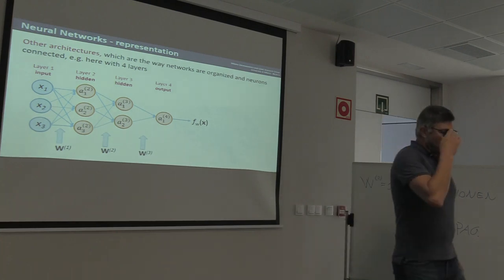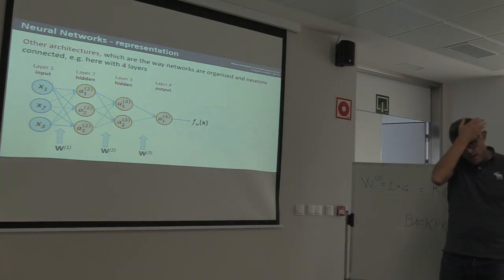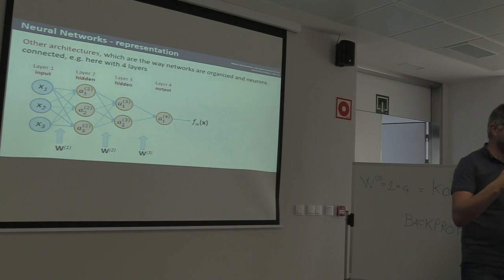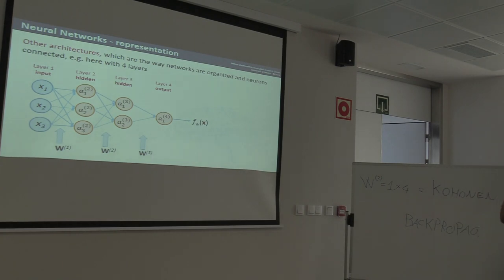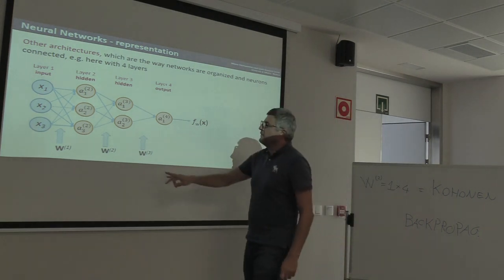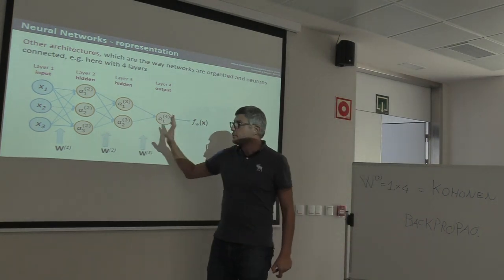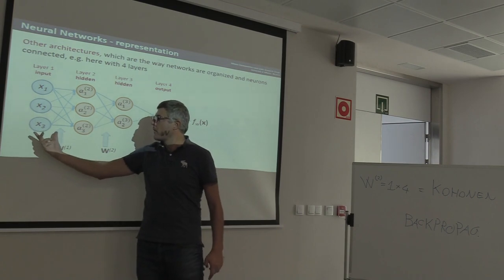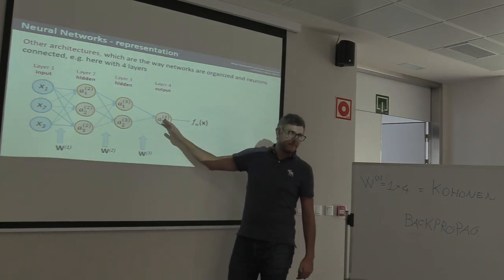Now, as I said, if you want to say you do deep learning, you can use more than one hidden layer, like in this case. So here we have a structure with 4 layers.